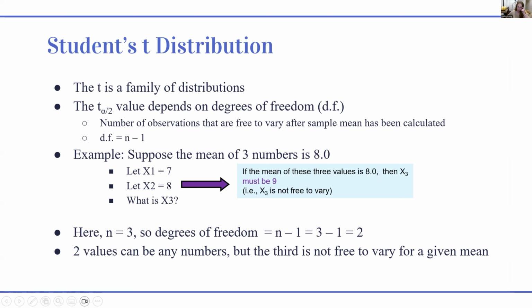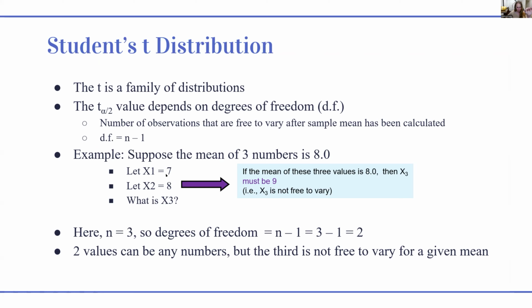The second observation, the value is 8. So how could you calculate x sub 3? If you know the mean of these three values is 8, then x sub 3 has to be 9.